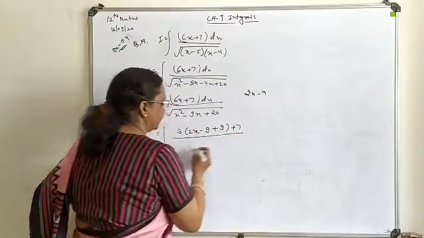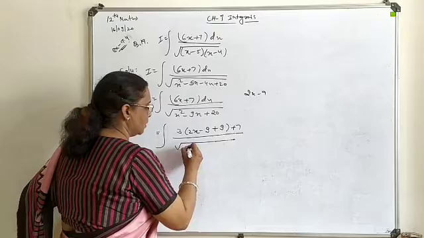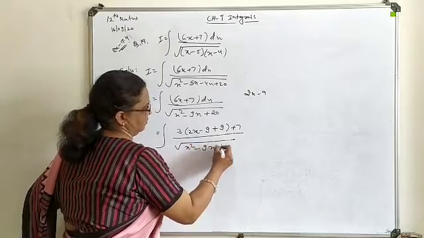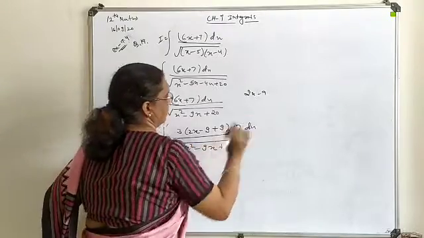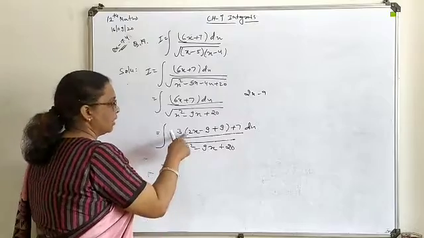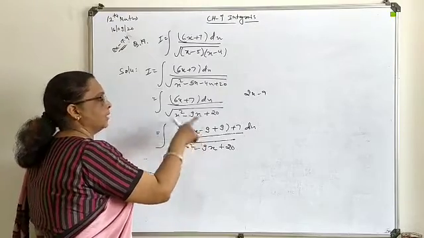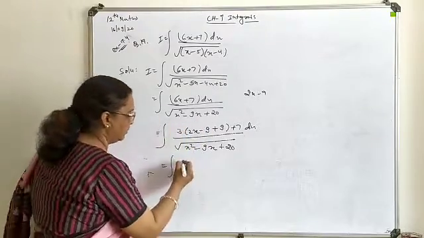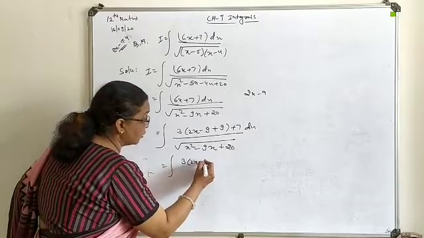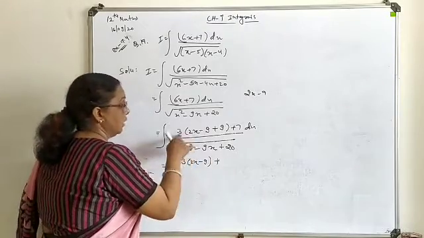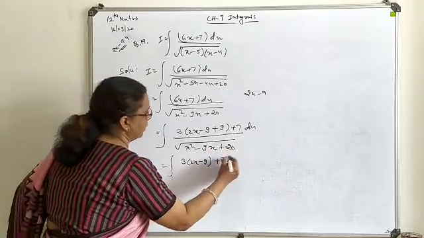Now this is your right as such. Three, 2x minus 9 you make separate because this is your required form, plus 9 into 3 is 27, plus 7.